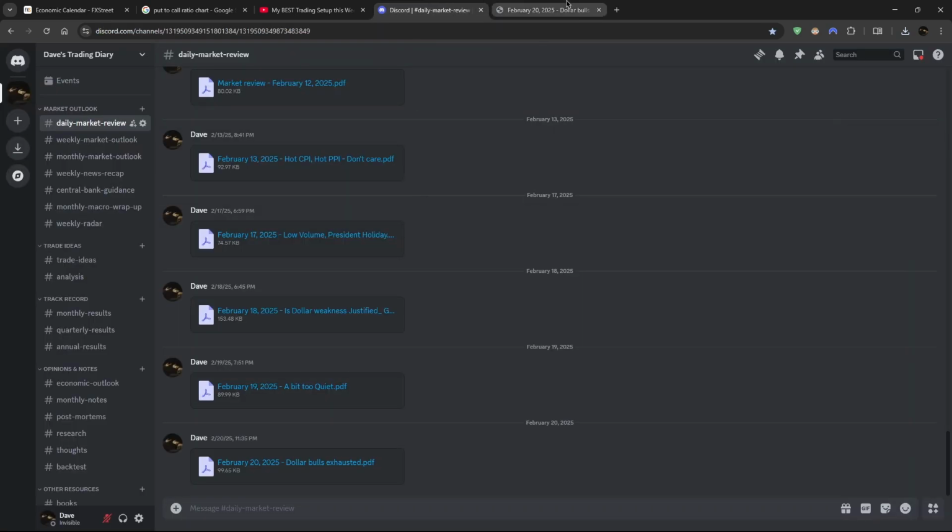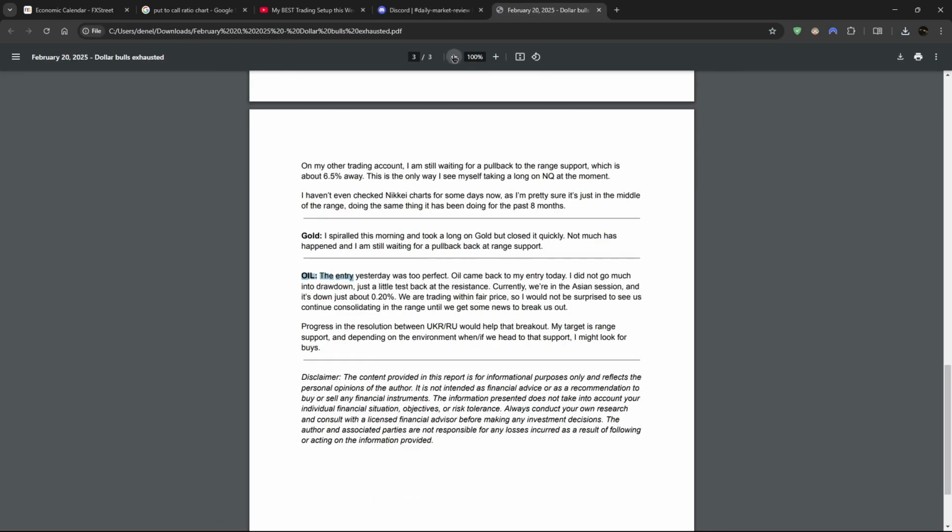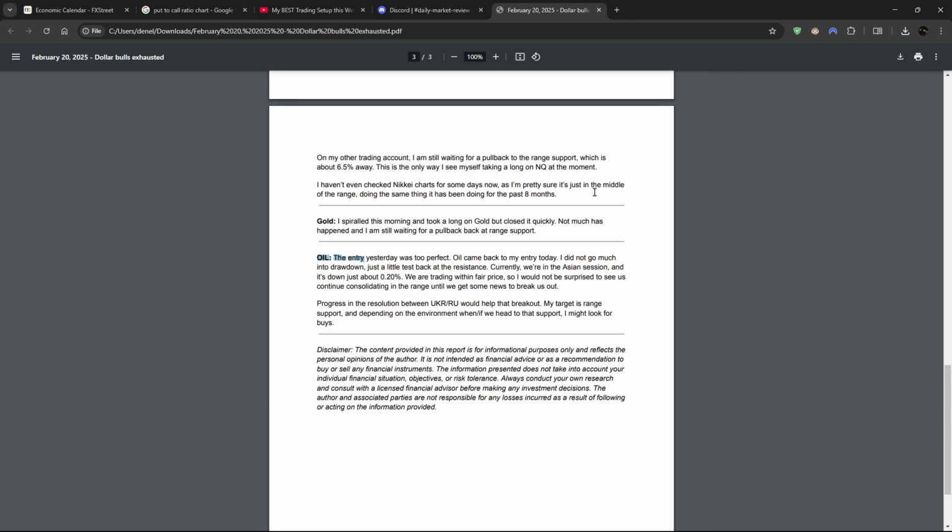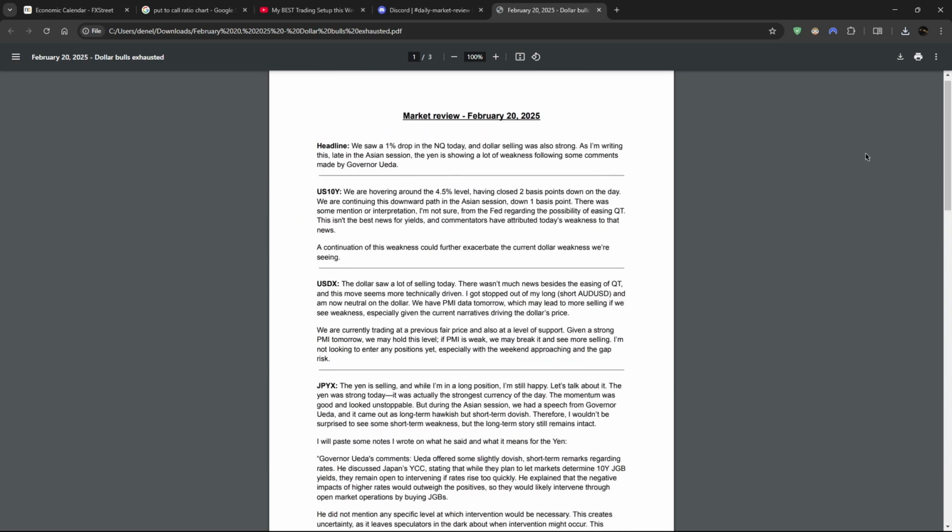For a lot of people, this will probably seem like work, but when you're a bibliophile and a writing addict like myself, this is heaven. I genuinely enjoy doing this because I like writing and I like reading, plus it improves my trading. So I'm literally making money doing this.